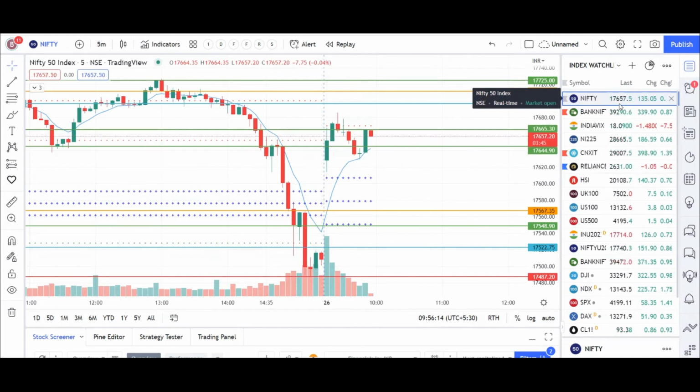Maybe before you punched this order, the range of Nifty would be maybe 15,500 to 17,900. But after you have punched that order, the range has increased, right? So the range has become 15,000 to 18,000, and because of the higher range, Nifty can go anywhere, right? So that means the volatility increases.